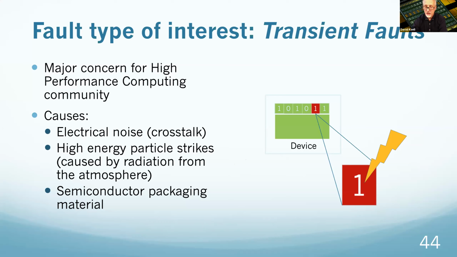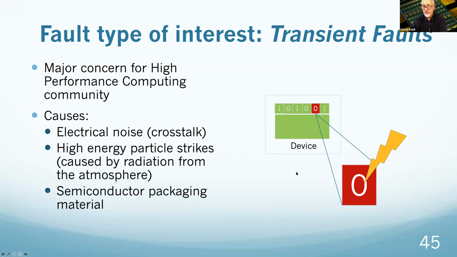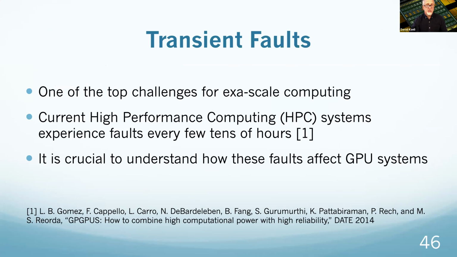For instance, here we have a 1 stored in this device, and that bit can flip. So single bits and single cells are usually the target, though we have seen work that shows that multiple bits are also susceptible, and we've done some studies of those as well. So these are transient faults. They're a top challenge for exascale systems.